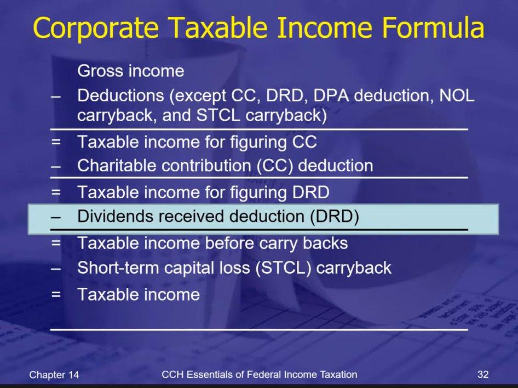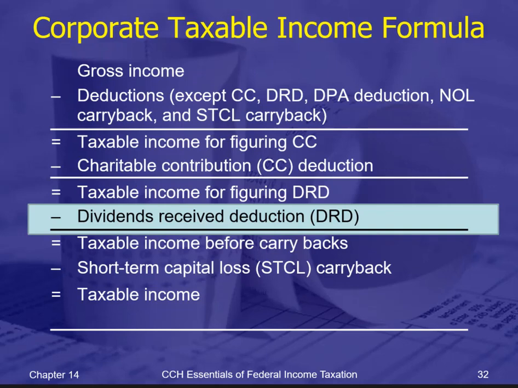Dividends received deduction. This is perhaps the most confusing of the special deductions. Basically, the idea is if you're a C corporation and you receive dividends from another C corporation, then in theory you would have what's called triple taxation, because the first corporation paid tax on its earnings, then distributed earnings to the second corporation, which also paid tax on its earnings, and it distributes it to another, and they keep paying on that because dividends are not deductible for tax purposes.